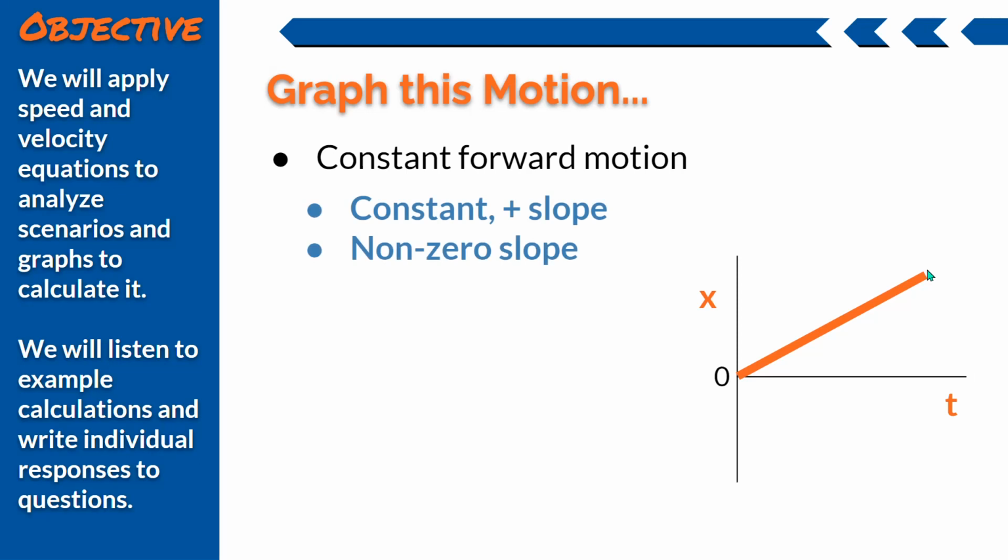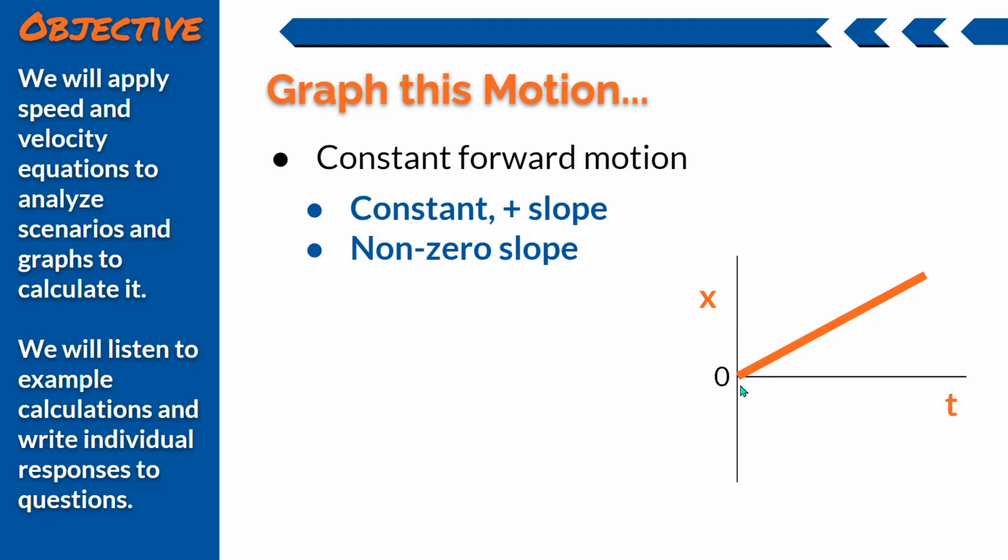Forward motion specifically means that I need to see a positive slope on my line, because that means I am moving in the forward direction away from 0 here, or toward more positive numbers, if you will. And it can't be a 0 slope, so it's a non-zero positive slope. Because of course, if the slope is 0, then I'm not moving.